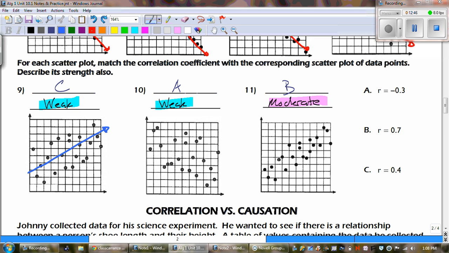For number 10, this time everything's going down, but once again, it's not real close together, so that's a weak correlation, which means that's why it's the negative 0.3. Okay. And B, we can tell that they're going up, but the points are closer together than they are for C, so that's why it's a moderate. Okay, and that's why we use the higher number of 0.7.